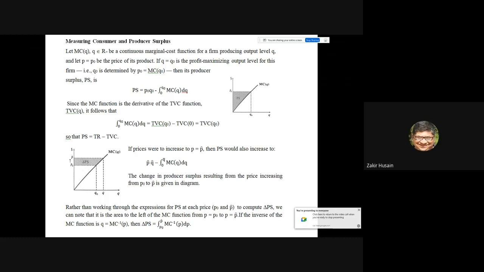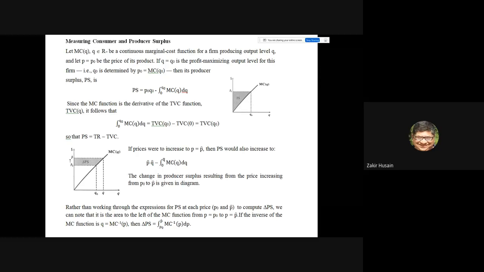Fixed costs don't affect marginal cost since they do not vary with additional units. So if output changes, variable cost will change, but not fixed cost. That is why the integral of marginal cost is the variable cost. So the producer surplus is simply given by P into Q, which is total revenue, minus the integral part, which is simply the variable cost evaluated at Q0.